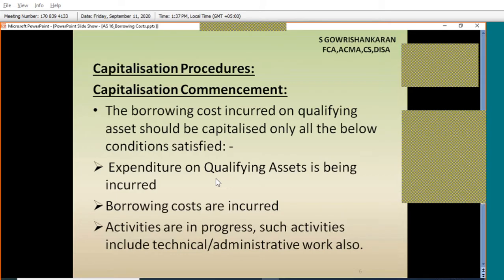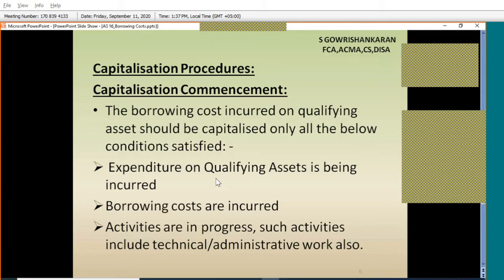That's what you have said. See, just go through the first condition. Expenditure on qualifying asset is being incurred. That means I borrowed 100 crore. But what are you doing with that 100 crore? I should have incurred it on my qualifying asset, meaning I would have spent it constructing the building.